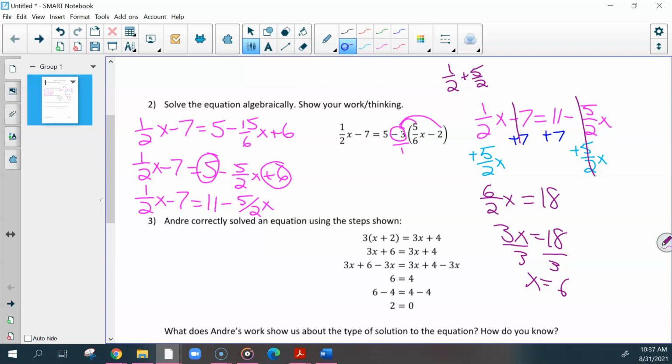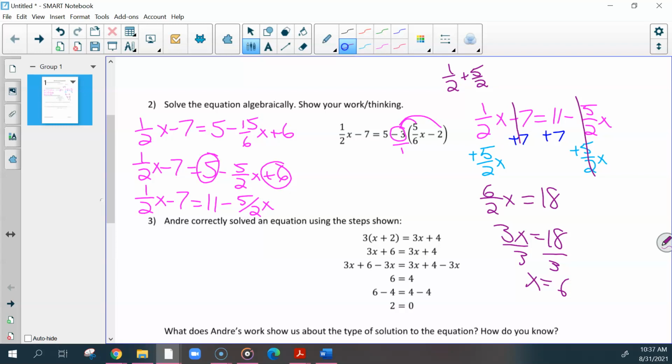And again, if you forget that, like in this case, 5 halves, so she simplified 15/6 to 5 halves. We took 3, divided the top by 3 and the bottom by 3, and that's to get 5 halves.